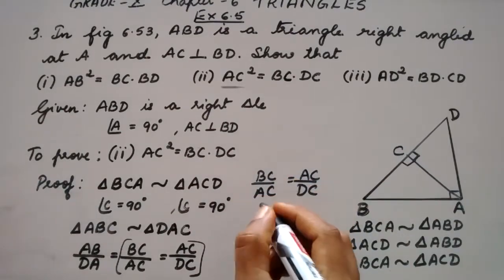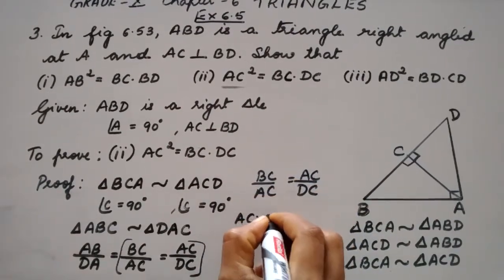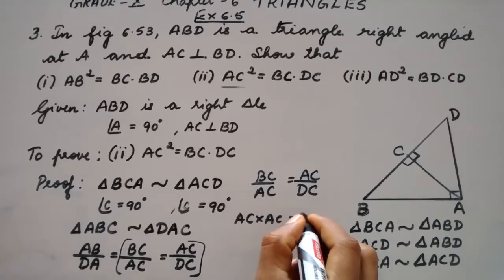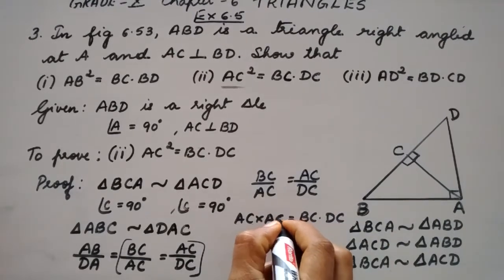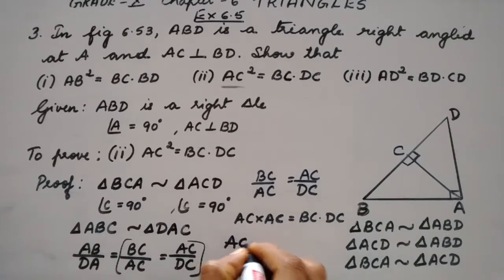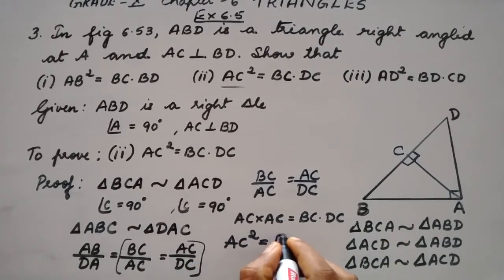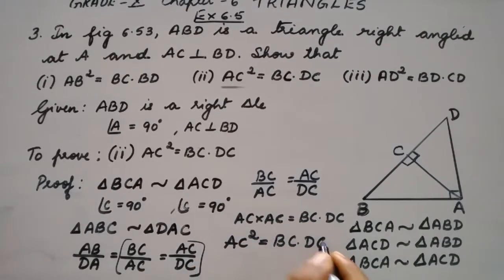So let us cross multiply. We get AC into AC is equal to BC into DC. So AC into AC is AC square, which is equal to BC into DC. So we got AC square is equal to BC into DC. So hence proved.